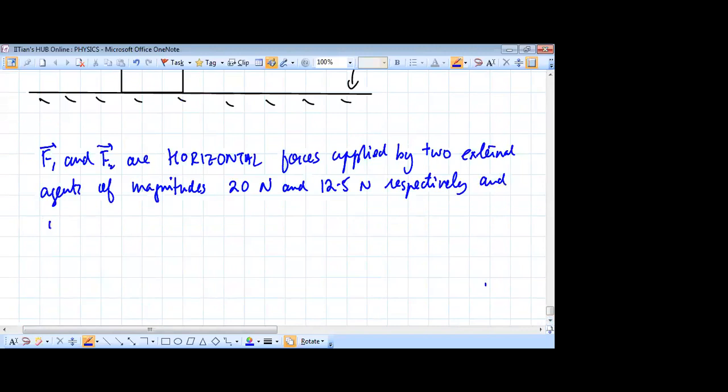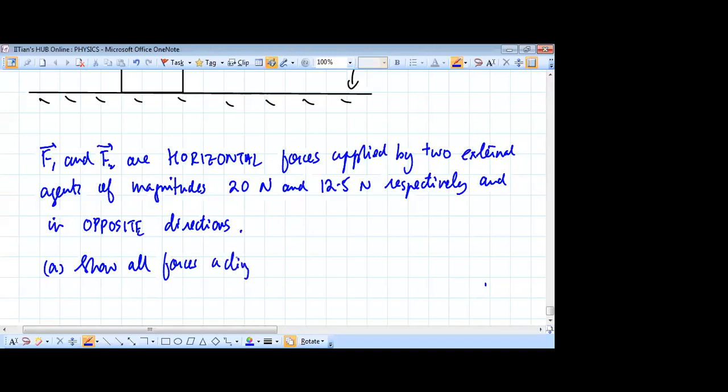And in opposite directions. Okay. So for example, if F1 is towards the east, then F2 is towards the west. So first of all, show all forces acting on the block. For this, take g equal to 10 meters per second square.